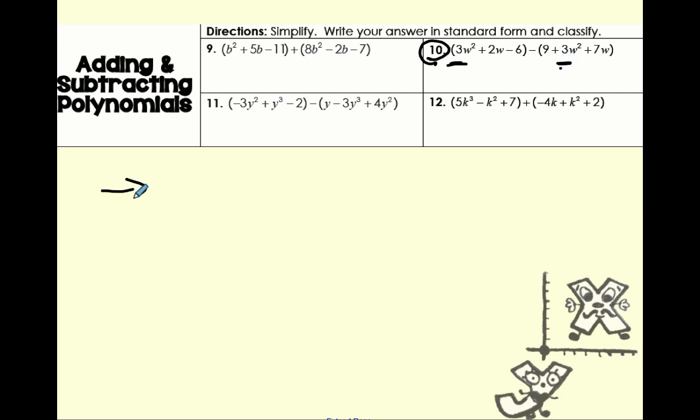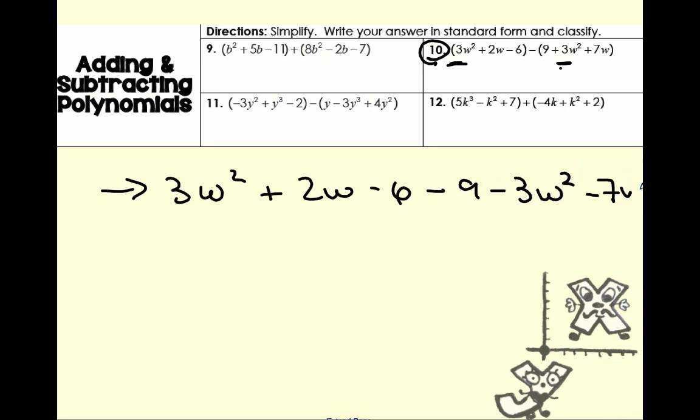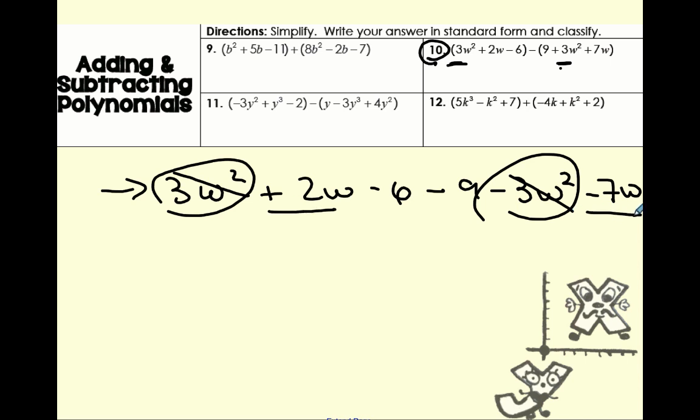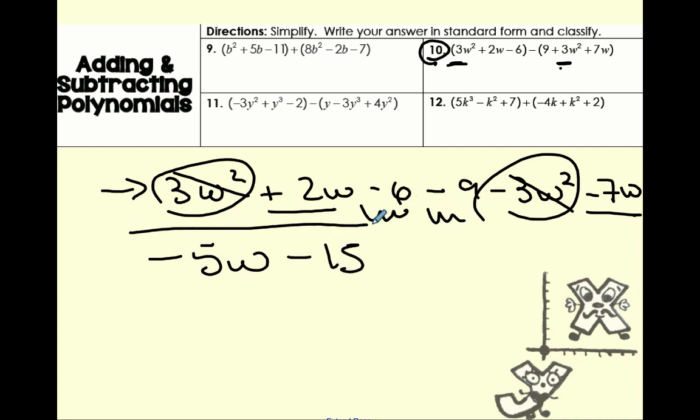One strategy many people use when adding and subtracting polynomials is to distribute the subtraction sign, so they don't forget about it, and then just combine. We're combining those, and they cancel because they're opposites. 2w goes with negative 7w, which makes negative 5w. Negative 6 goes with negative 9. Negative 6 take away 9 is negative 15, and so our expression simplifies to this.